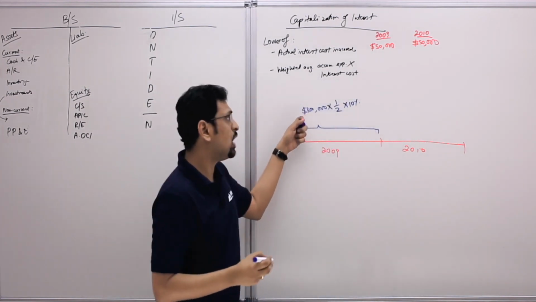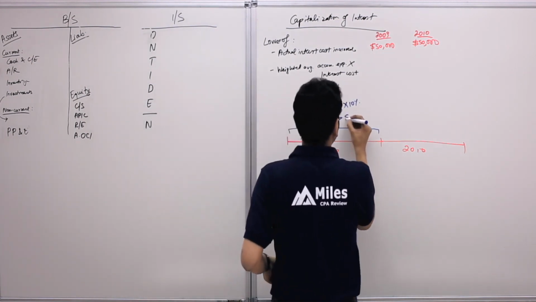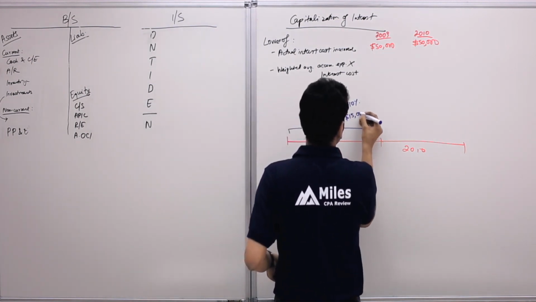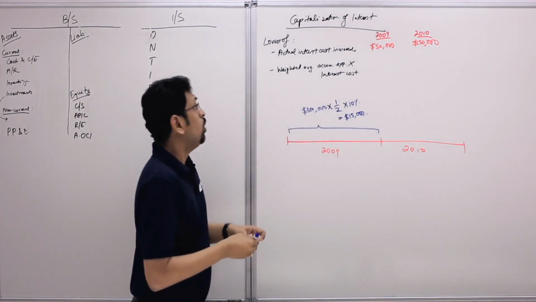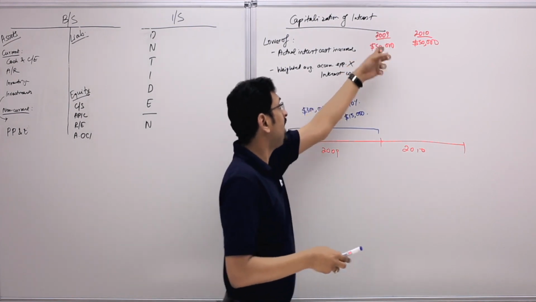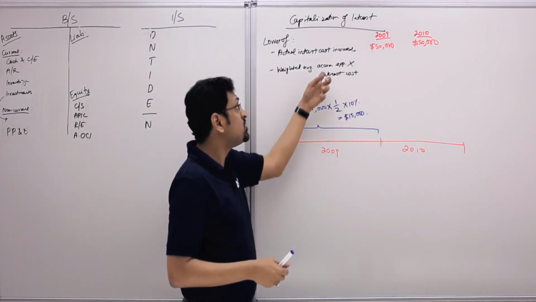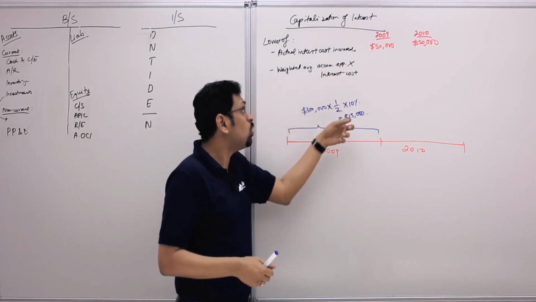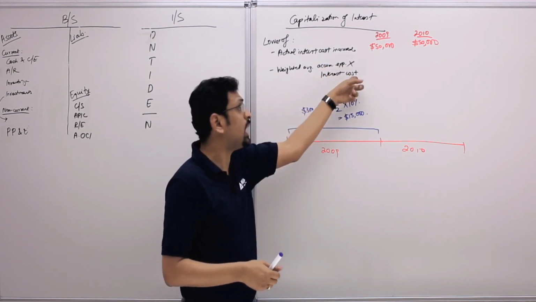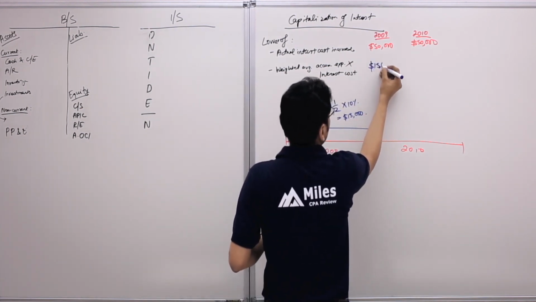So $300,000 times half, $150,000, times 10% is $15,000. The actual interest cost incurred during 2009 is $50,000, but the weighted average accumulated expenditure, $150,000 times 10%, gives us $15,000.